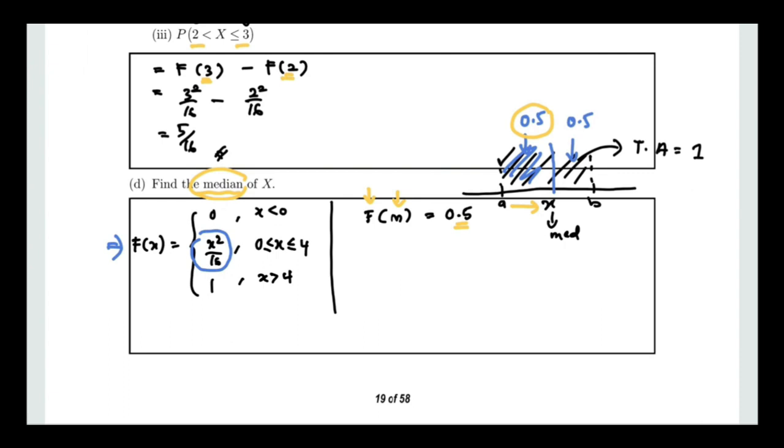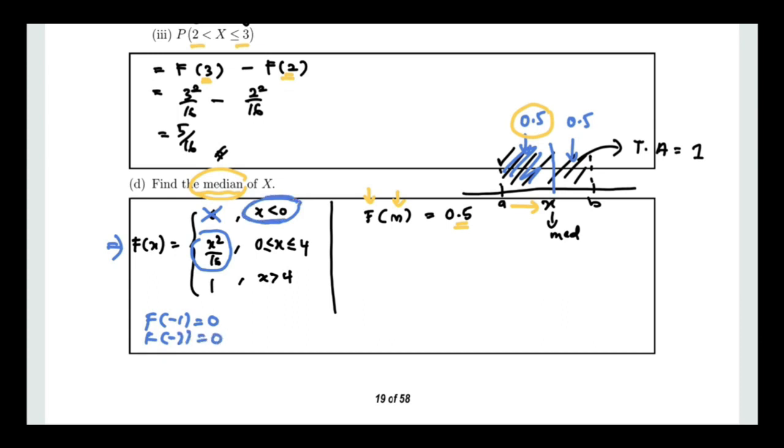The first function is already eliminated, because any x in that interval will give you 0 probability. F of -1 equals 0, F of -2 equals 0. Any x for this range will give you 0.